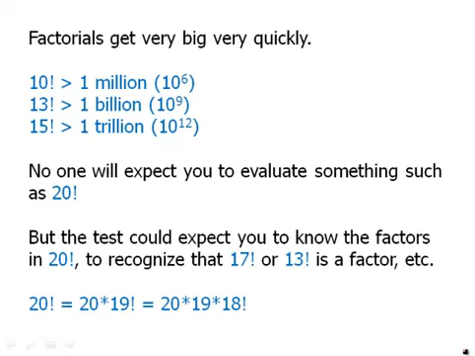Or I could factor out the 18, so now it's 20 times 19 times 18 times 17 factorial. So it's possible to unpack a factorial like this to see some of its factors. So it would be very easy, for example, to see what would happen if we divided 20 factorial by 19 or something like that.